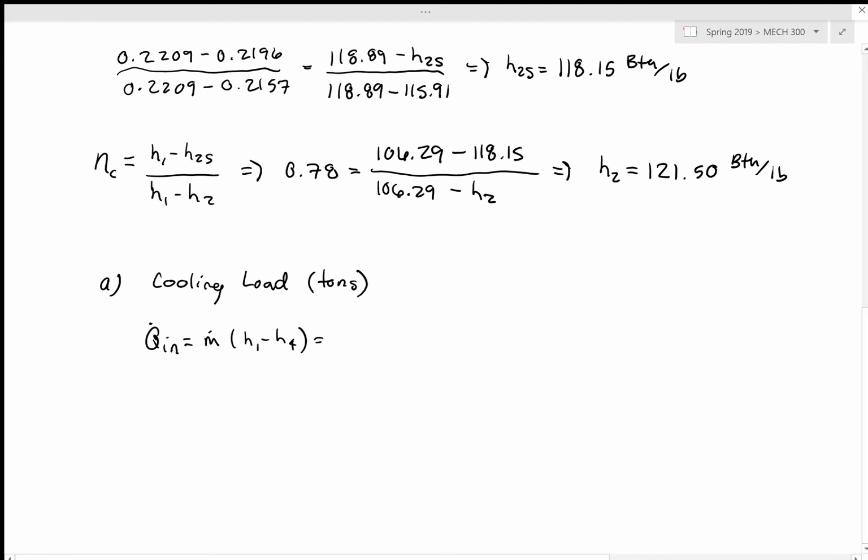So this is going to be 678 pounds per second times (106.29 BTU per pound minus 47.81 BTU per pound).